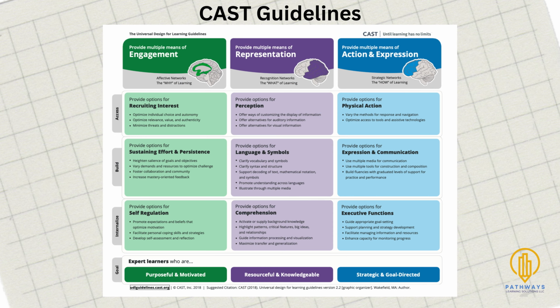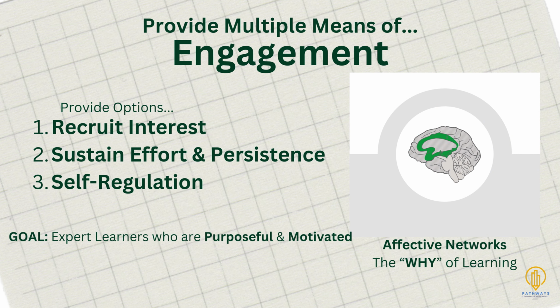The goal is to provide multiple means of engagement, representation, and action and expression for students to increase accessibility for all learners. The first guideline focuses on student engagement. The affective networks of the brain help us process the why of learning. The best way to engage students is to provide options to recruit interest, sustain effort and persistence, and self-regulation.